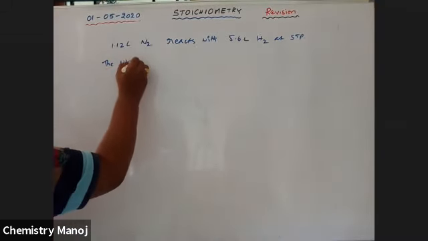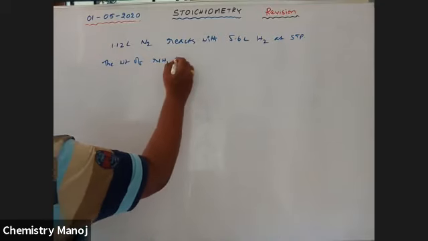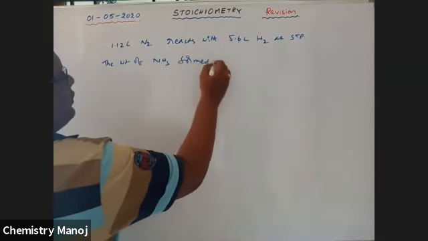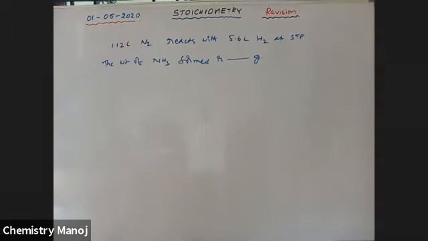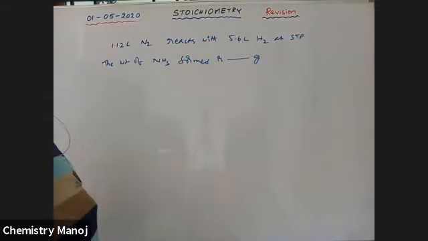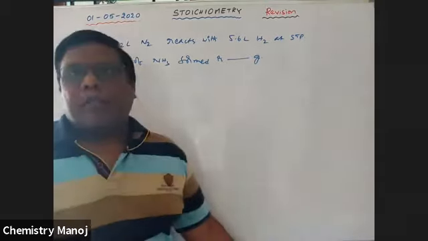The weight of NH3 formed is dash grams. It is the volume weight relation. So volume is given to you, and you want to calculate the weight of the substance. Tell me the answer.